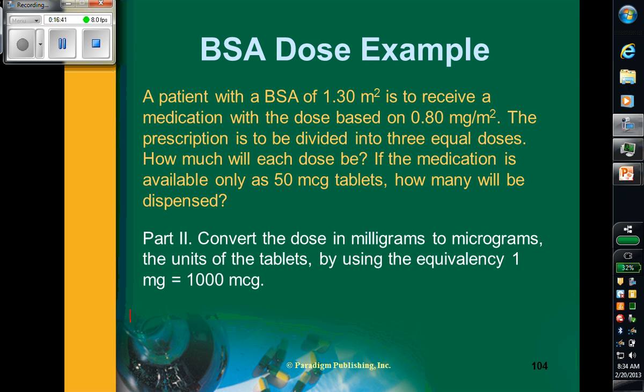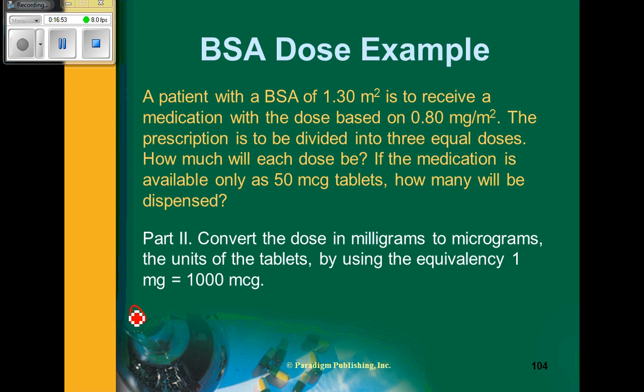So part 2 is going to consist of 2 sections. First, we need to convert the milligrams over to micrograms. So if you did not know that 1 milligram equals 1,000 micrograms and we wanted to convert, I'm going to show you how to do that as a review. So you have 0.346 milligrams, and you want to convert it over to micrograms because the tablets are only available in micrograms. So X micrograms, milligrams here, have to have milligrams here.